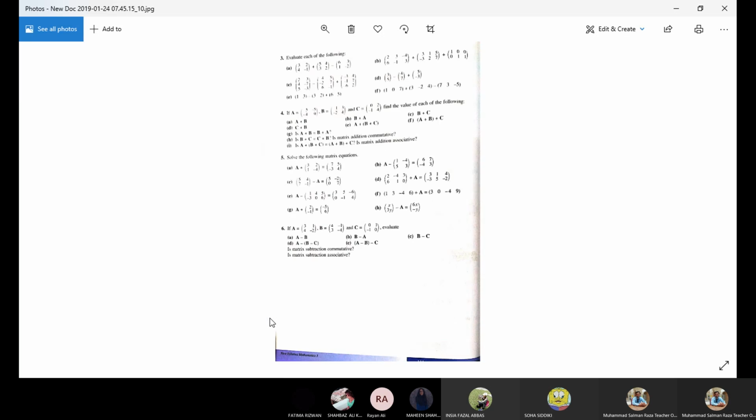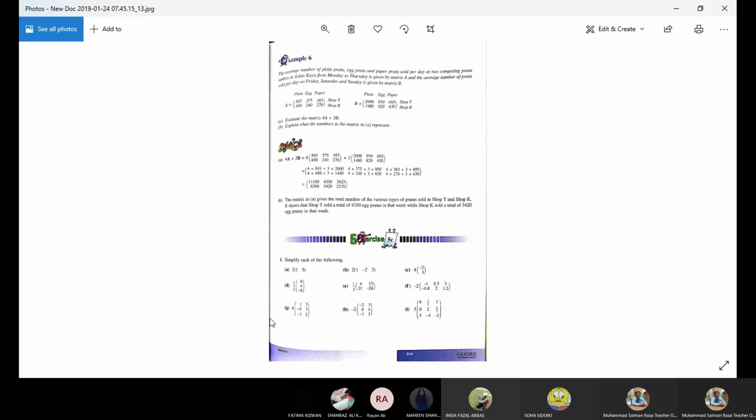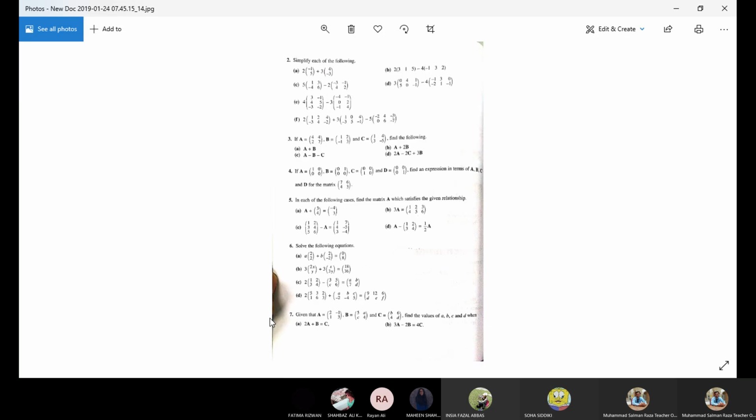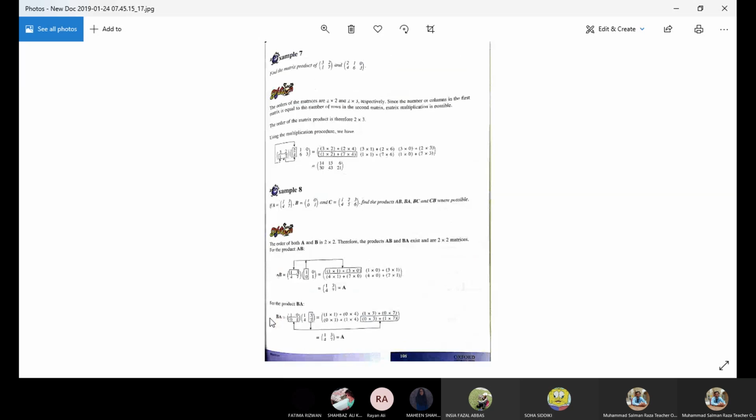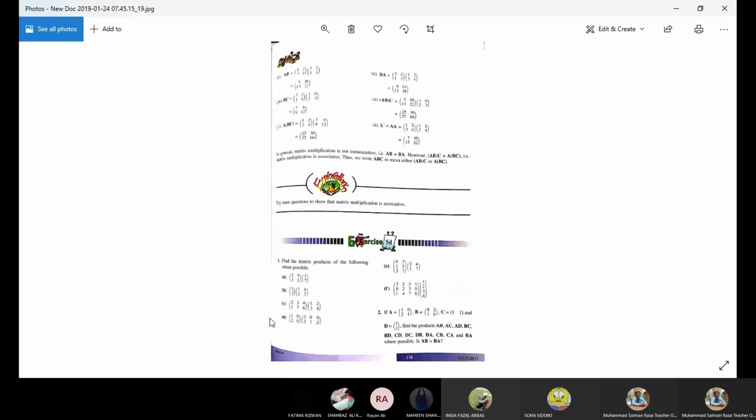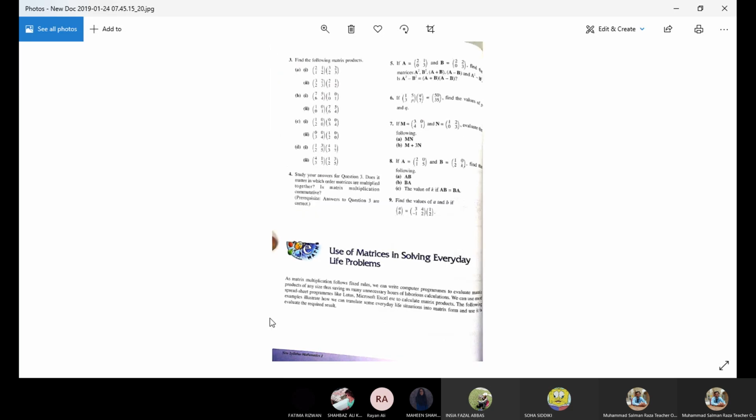And this is the exercise of multiplication. 5C is the exercise of multiplication. And then if we move further forward, yes, this is the exercise which I just taught you, the multiplication. Okay, this multiplication is here.